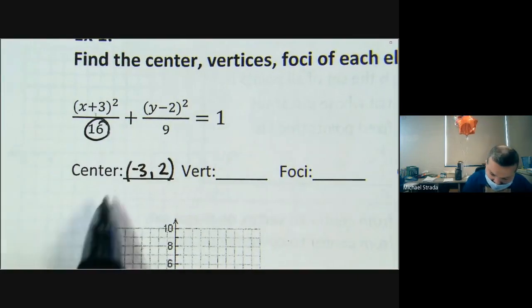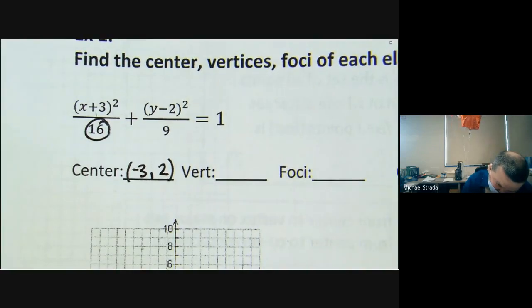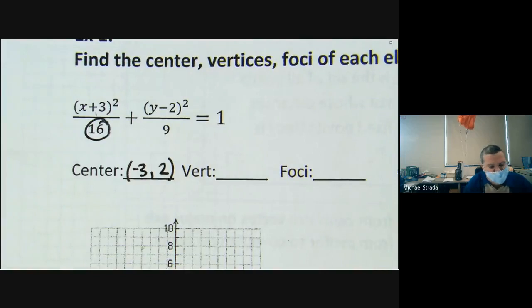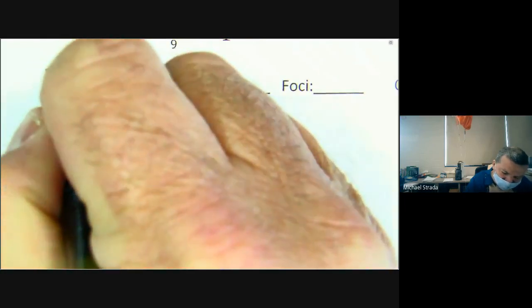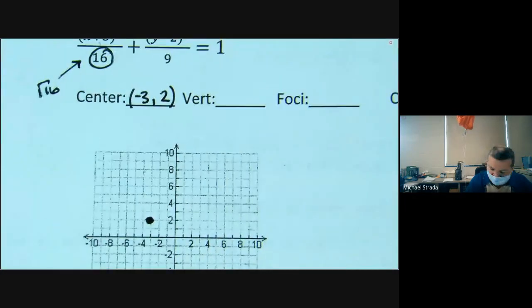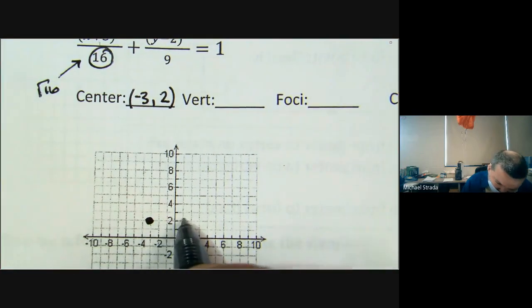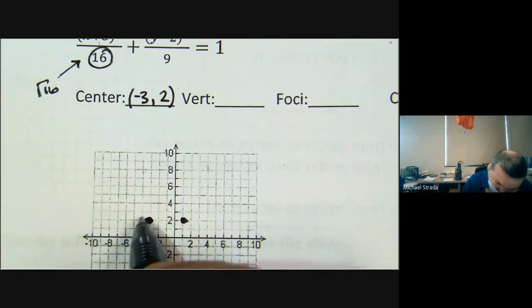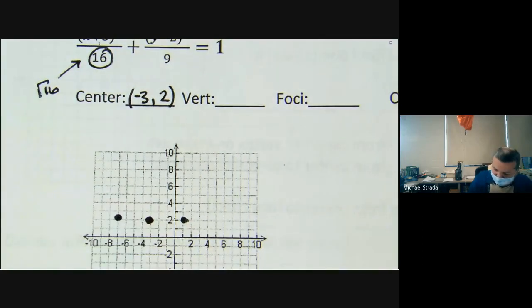So when I plot it, center negative 3, 2 is no different than what we've been doing. But the vertices are going to be the square root of 16 away. What is the square root of 16? 4. So we're going to go 1, 2, 3, 4 to the right, and 1, 2, 3, 4 to the left. And those are our vertices.